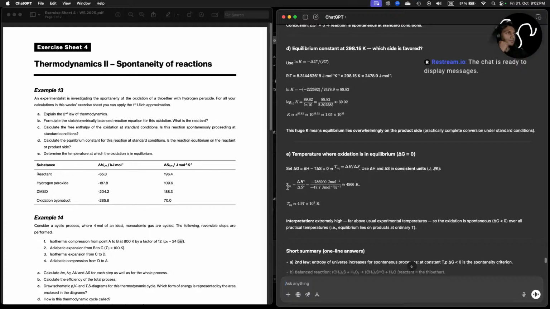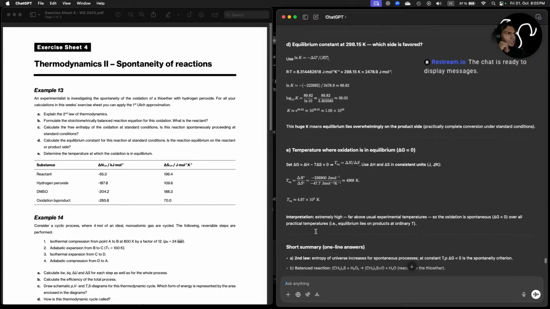Oh, you just used this equation. Oxidation equilibrium means delta G zero. Why? I need interpretation: extremely high, far above usual experimental temperature, so the oxidation is spontaneous over all practical temperatures. Okay.